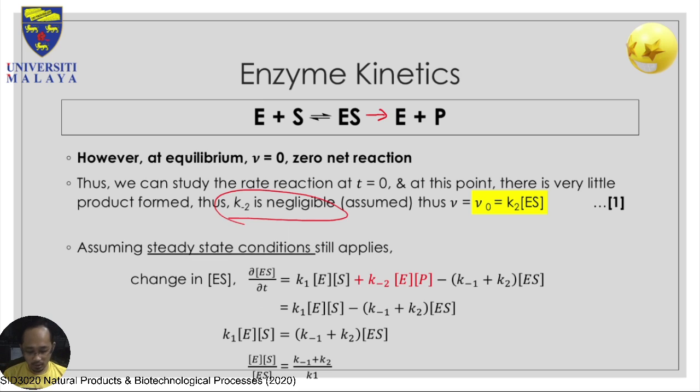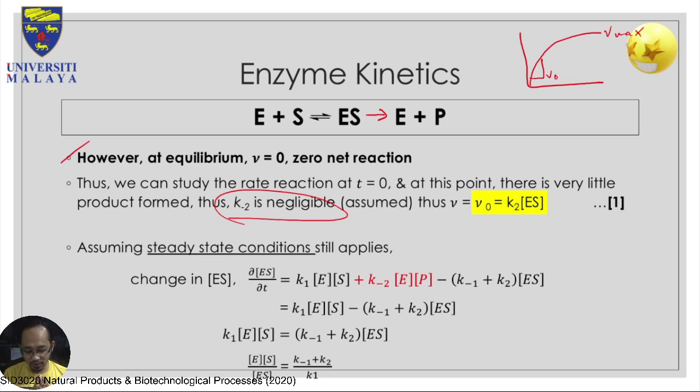Since it's in equilibrium, we can therefore study the rate of change at t equals 0. Again, remember the slide that I mentioned initially, where you have your Vmax, and you are interested in this V naught. Naught doesn't mean that it's at 0 seconds. It means that it's an early stage of the reaction.